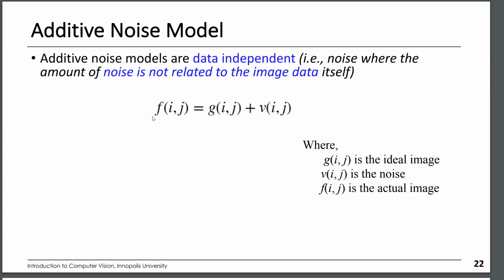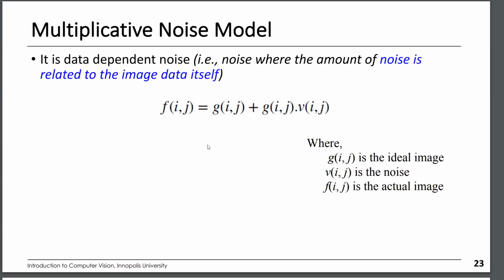So basically your noisy image is represented as the perfect image, G, plus the noise. Very simple model. Now the multiplicative model, which is a bit more problematic.